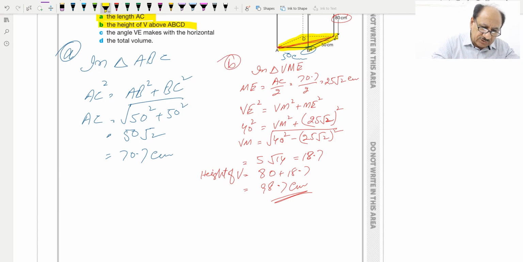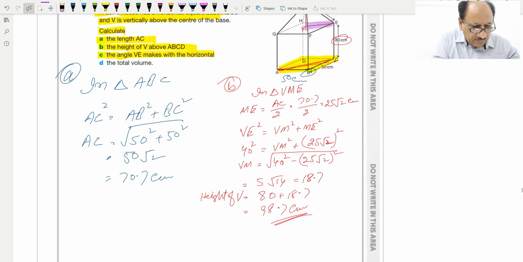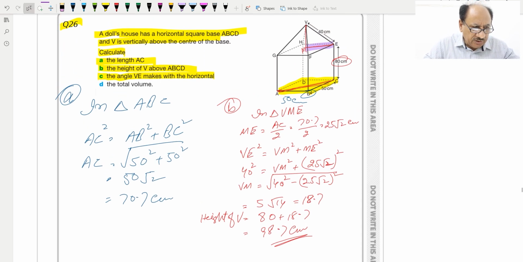Now C part says the angle VE makes with the horizontal. So we can consider this angle is required, this one. In this VME triangle, we can write VM over VE will be equal to sine of theta.